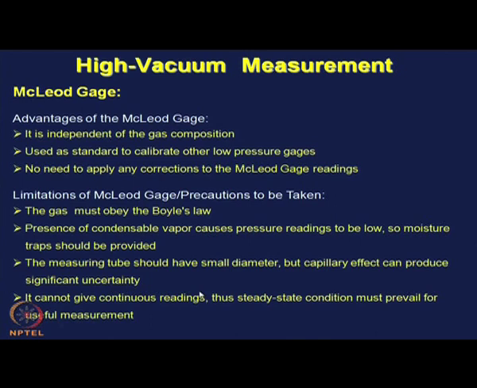The capillary effect should not be there, so the diameter of the measuring tube or the capillary should not be so small that capillary effect can produce uncertainty in the reading. Since the McLeod gauge cannot give continuous reading, steady state condition must prevail during measurement for useful measurement.